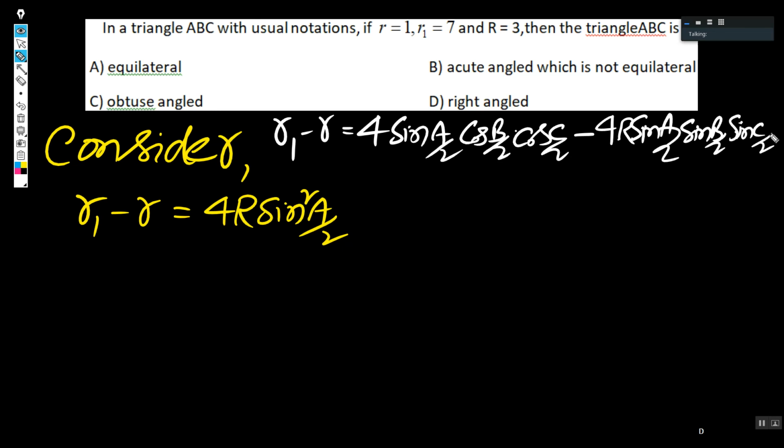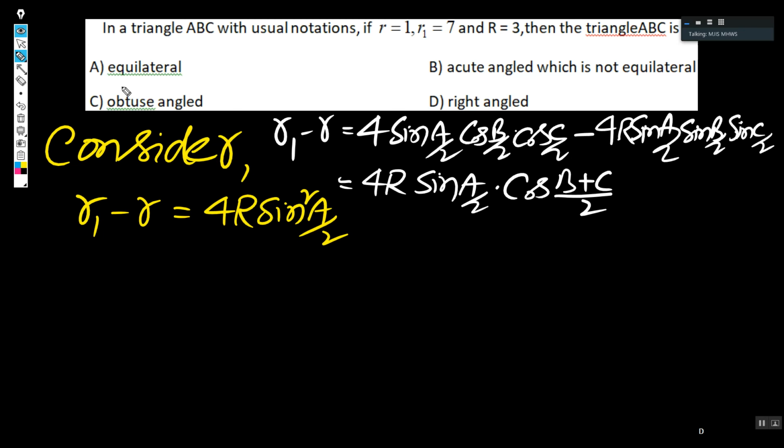Now, what is the term you get common here, please? Respond. 4R sine A by 2, and in the bracket you get cos A by 2 cos B by 2 minus sine B by 2 sine C by 2, which is cos of (B plus C) by 2. So cos of (B plus C) by 2 is nothing but sine A by 2.